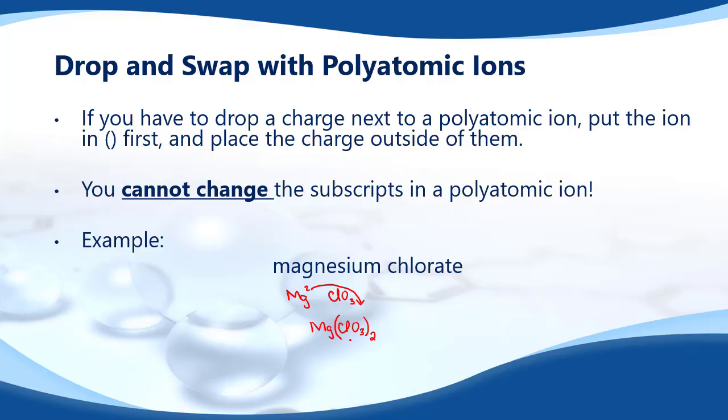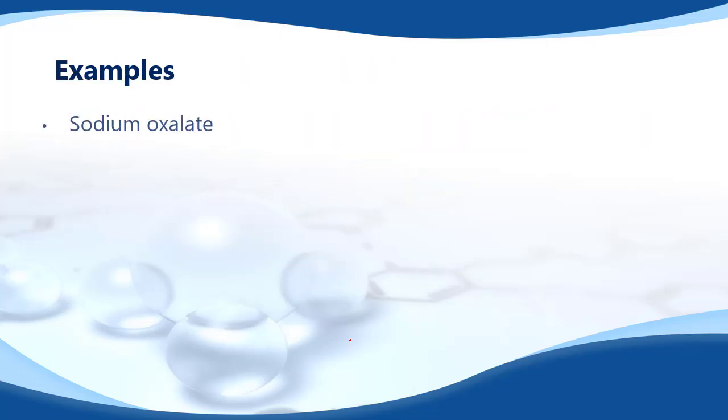So let's try a few of these. Oxalate again. So sodium oxalate. Sodium is Na+. Oxalate is C2O4 with a -2 charge. Our second step of the drop and swap is to take care of the charges, or the signs again. So we're going to get rid of the plus and the minus.